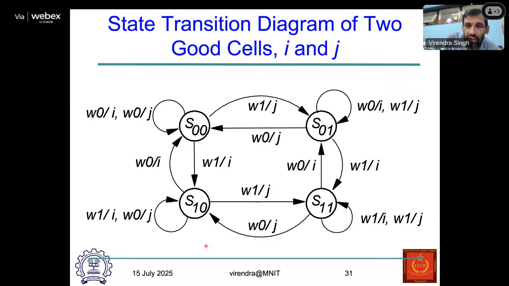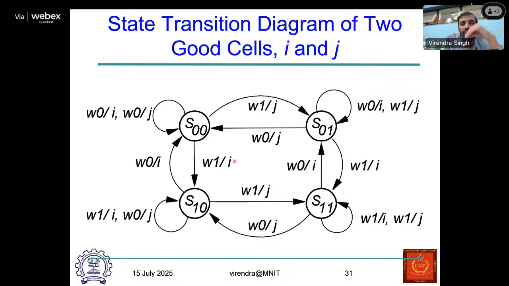If there are two cells, I don't need to go through this state transition diagram in detail. You will see that this is the state transition diagram, which says that 0 0 means both of the cells are in 0 0 state, 0 1 means one cell is in state 0 and another cell is in state 1, and so on and so forth.